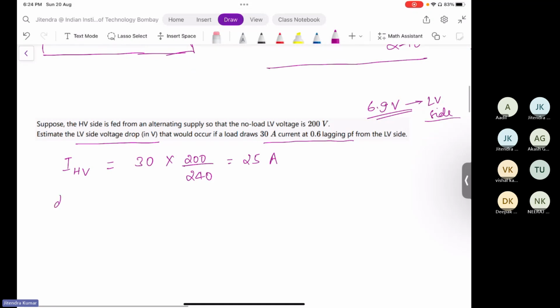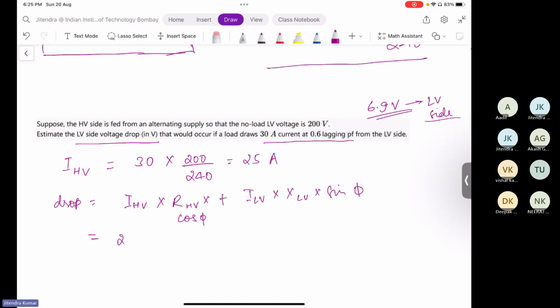Now, drop is equal to IHV into RHV cos phi plus IHV into XHV sin phi.